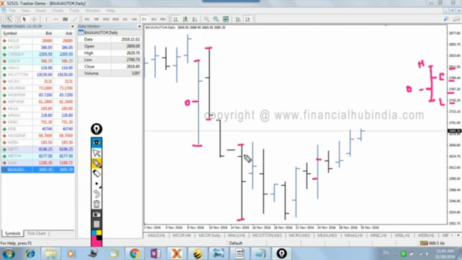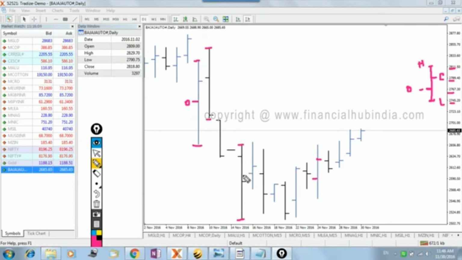If you see the difference between a black and a blue one, why it is black and why it is blue, before that, if you just notice, in all the blacks, the left stick is on the upper side and the right stick is on the lower side. It's below the left.